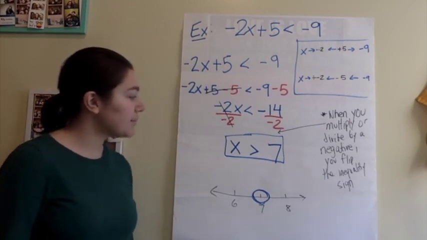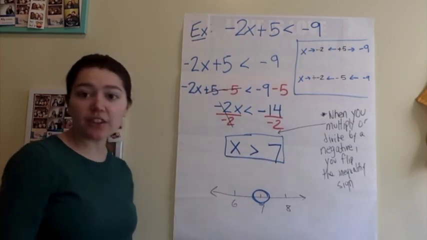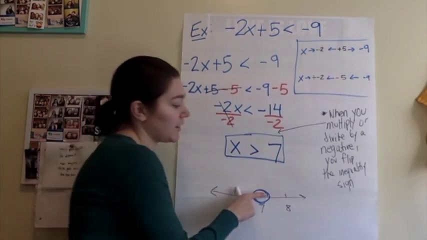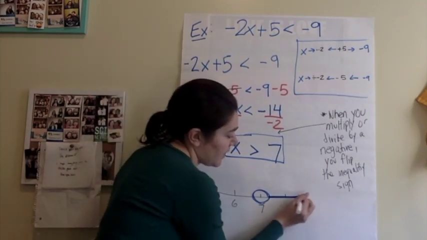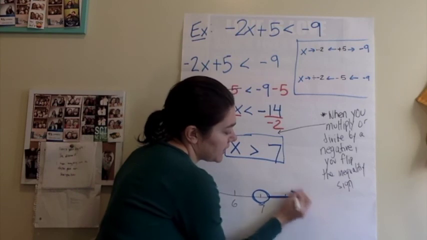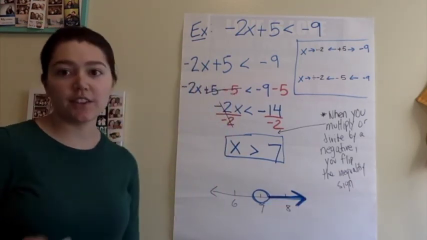And then I need to make an arrow pointing to the right because I'm talking about values that are greater than 7. Values that are greater than 7, like 8, are to the right of 7. So this graph represents all my solutions to my inequality, all values that are greater than 7.